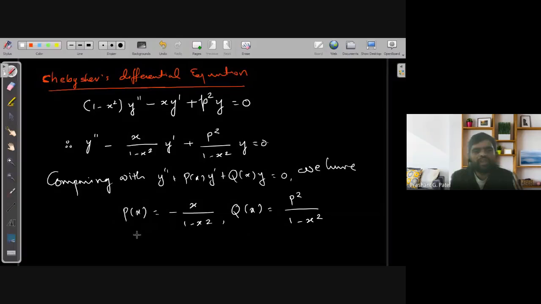We should note that p of x and q of x are analytic at the point x equal to 0.